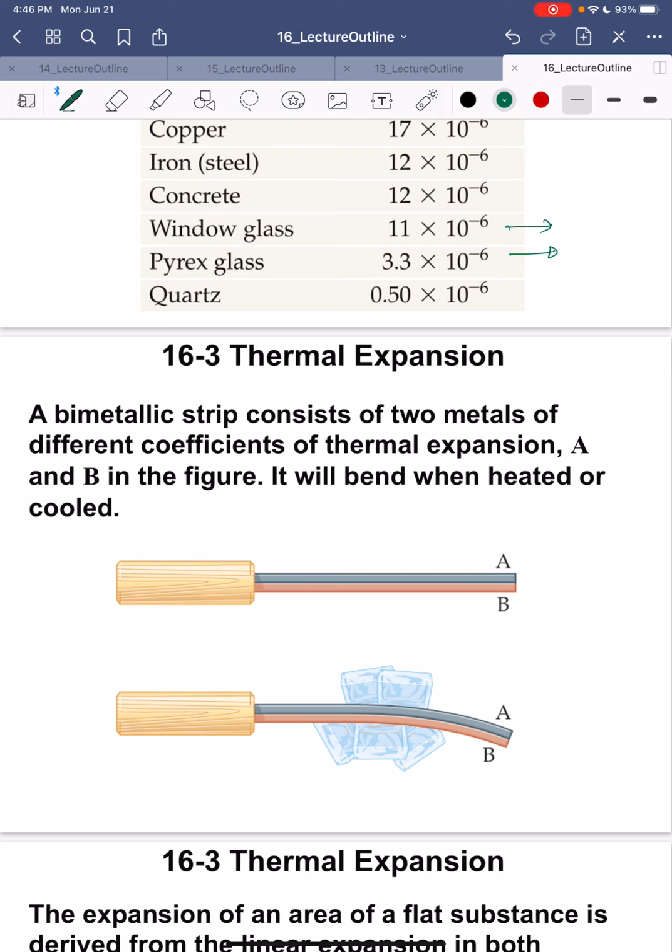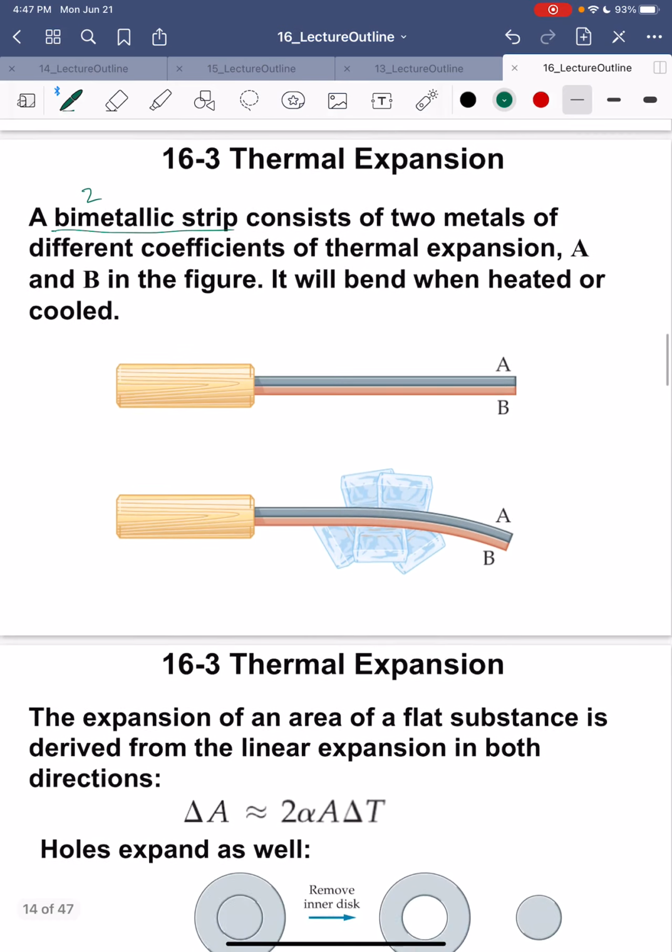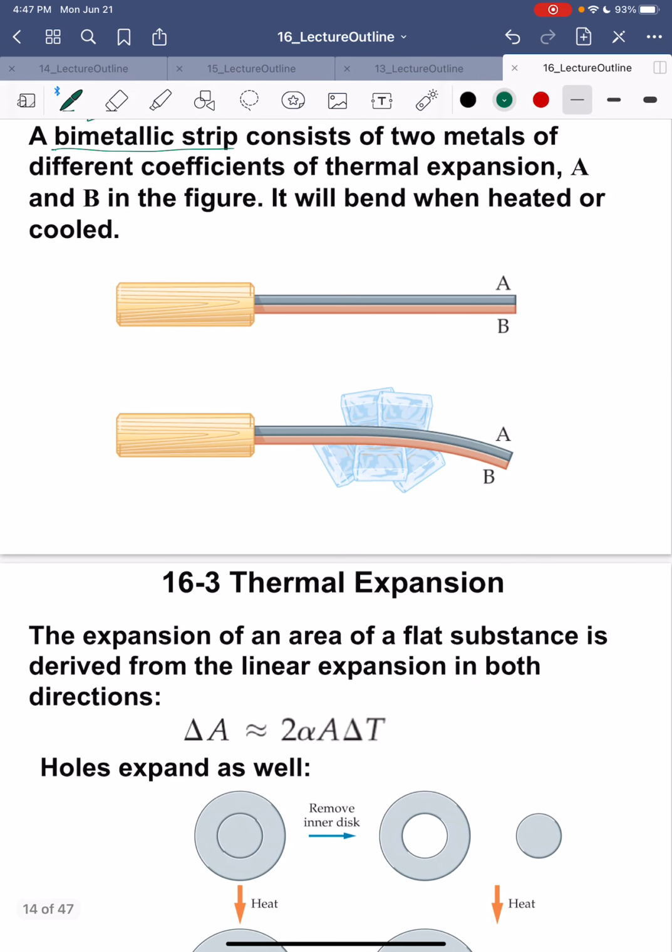There is a piece of metal that we are using called a bimetallic strip. Bi means two, and it is two metals of different coefficients of thermal expansion, and it will bend when it is heated or cooled. It depends on whether it is higher temperature or lower temperature.